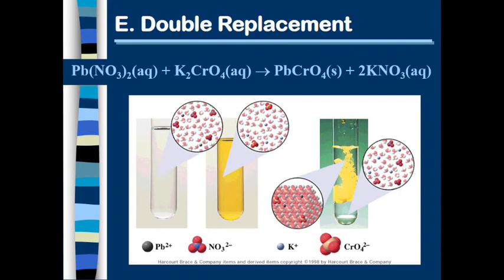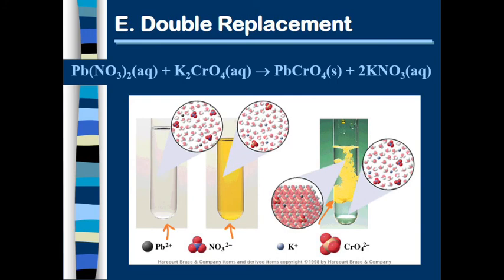Oh, also too, in this example, since we're going to be doing reaction types in our lab at the end of this chapter, notice in this example you have a clear colorless liquid and a clear yellow liquid. But when you put them together, this yellow that is being produced is a yellow solid.